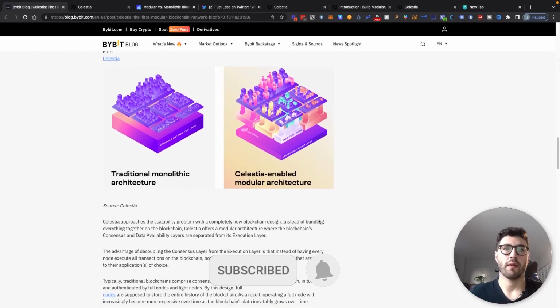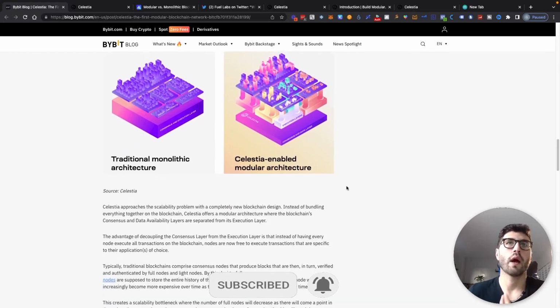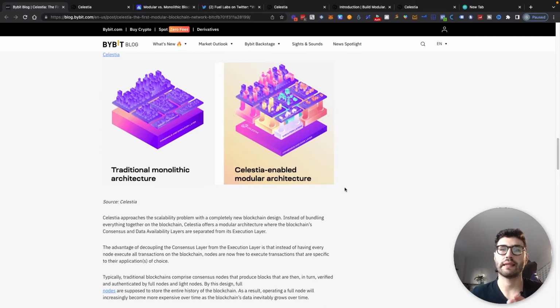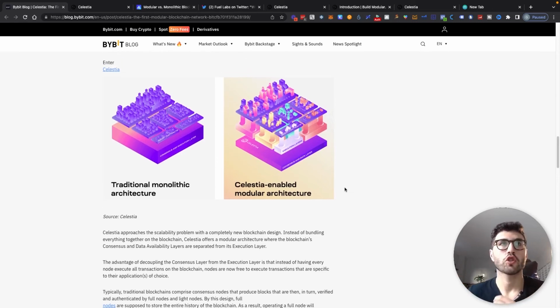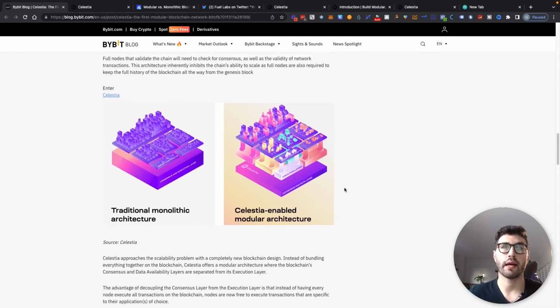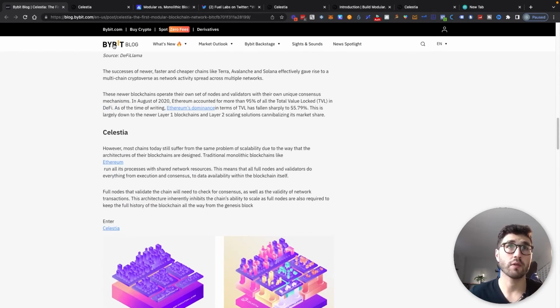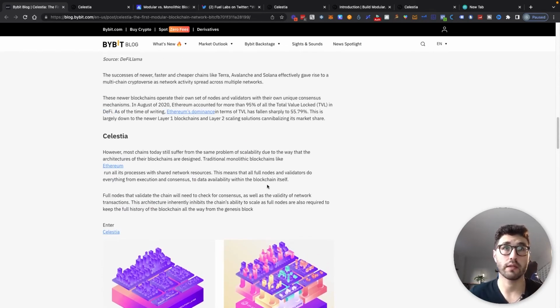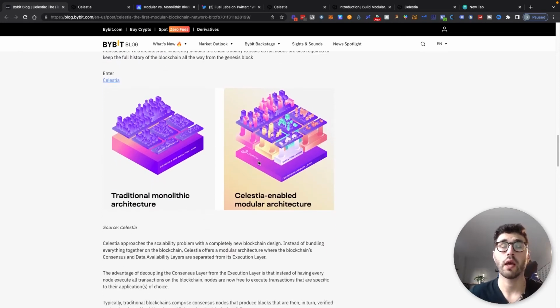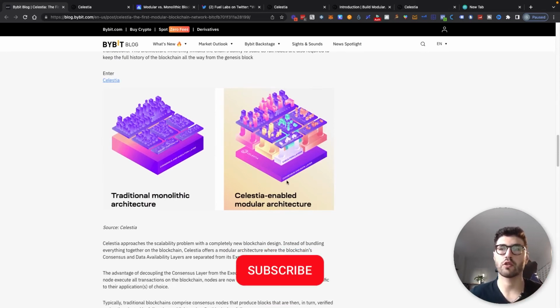So now you may think about what projects are coming up in the modular narrative, right? One of them that I really like is Celestia, right? Which has actually been almost sponsored by Bybit in this blog post that they posted. And right now they are in the testnet phase, so the token has not been released yet.